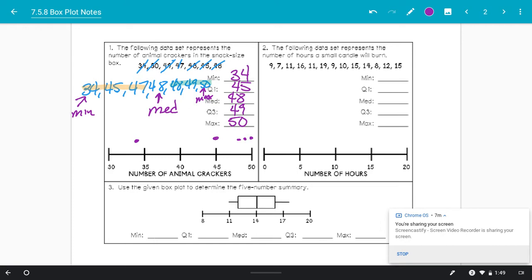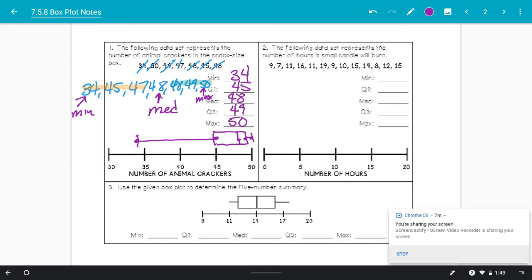What I'm then going to do is form the box using the middle 3 numbers. So I make the box and I mark my median. We can then form the whiskers by extending out to the lowest and highest number. Okay, so again, I plot those 5 points, and then I make the box around the middle 3 and extend my whiskers to the lowest and highest.